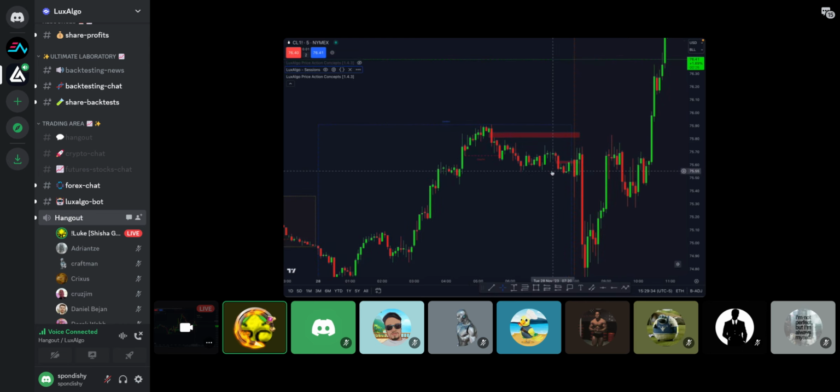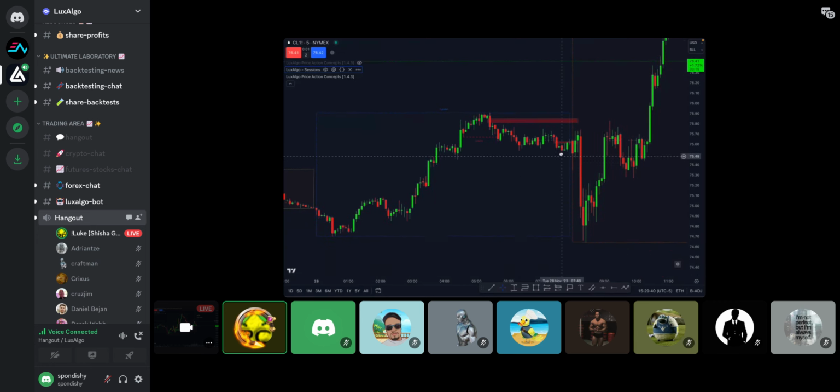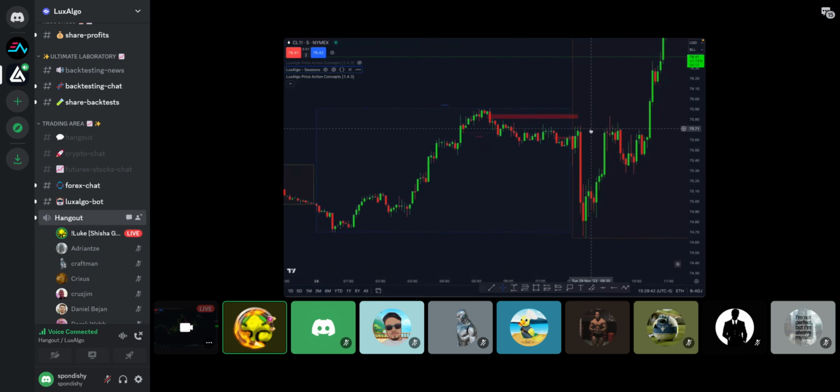So I wanted to enter at the next FVG. We got an FVG right there. I entered at it, and because of news, I don't know why, but it immediately delivered almost 100 ticks. On crude oil one tick is $10, so that would have been $1,000. I can show you guys the executions if you like.